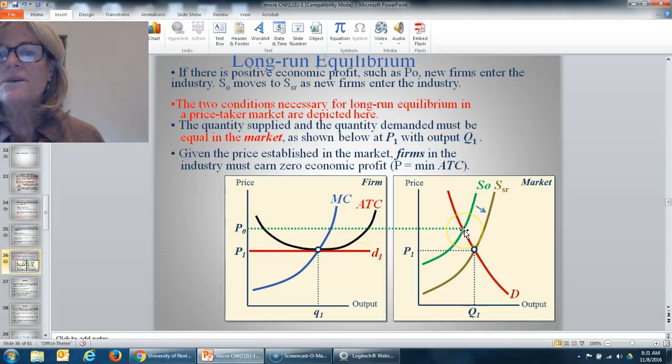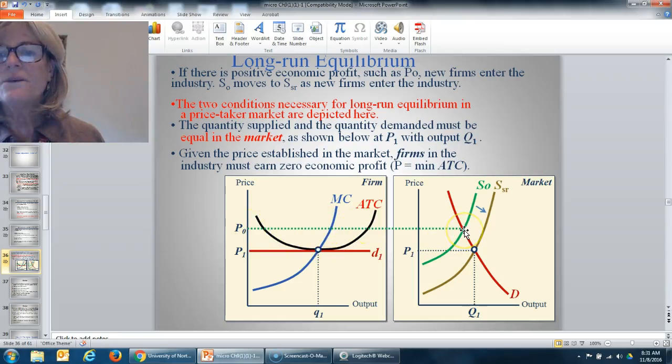What's going to happen? More people are going to enter the industry. So we're starting out at P0. Don't forget positive profit. More people are going to enter the industry. So supply curve is going to shift to the right. As supply curve shifts to the right, prices fall to the long run equilibrium. What is the long run equilibrium? Zero economic profit, and price is equal to the minimum of the average total cost curve.